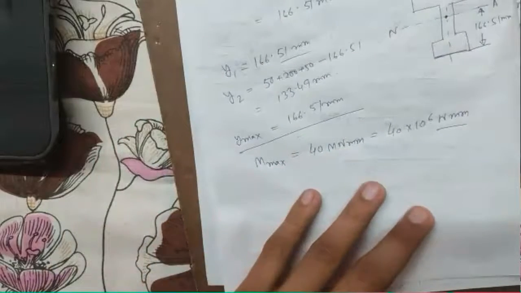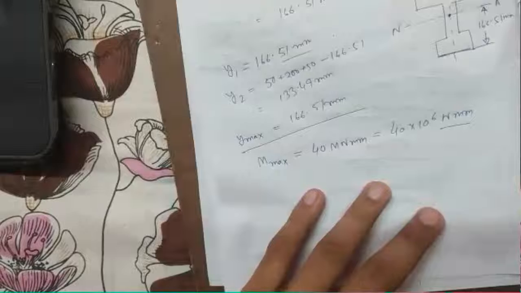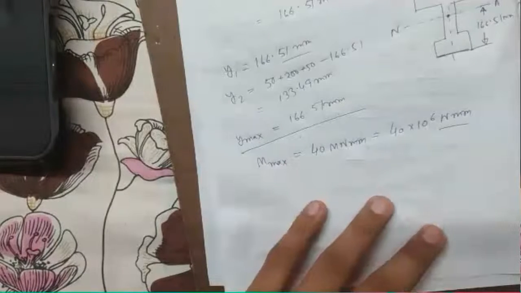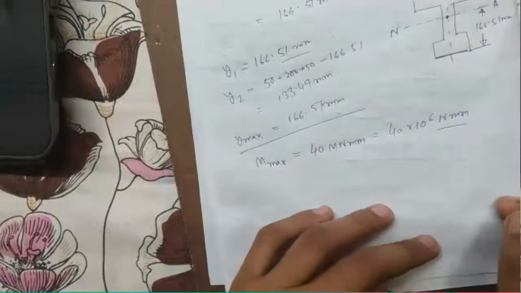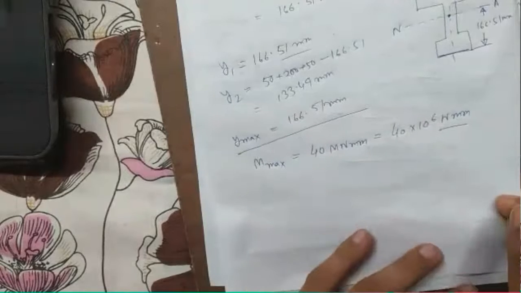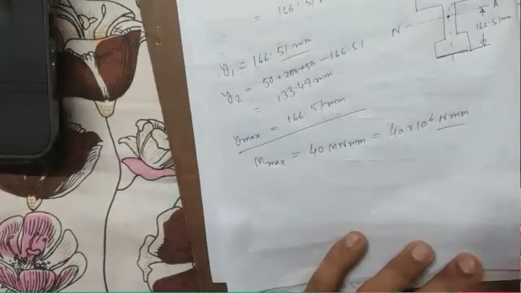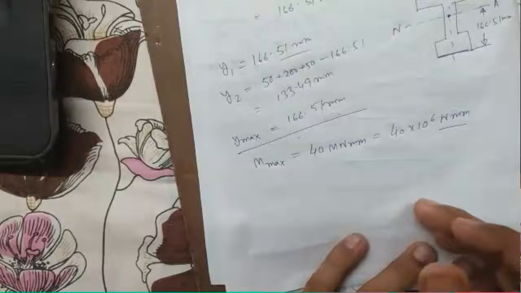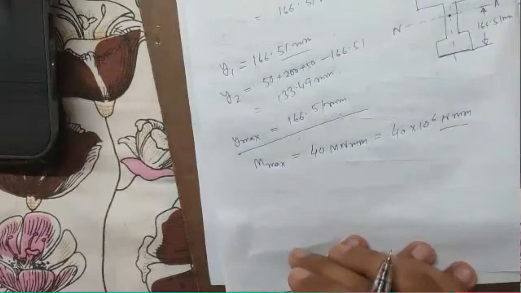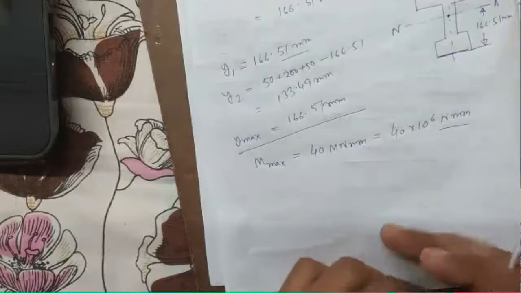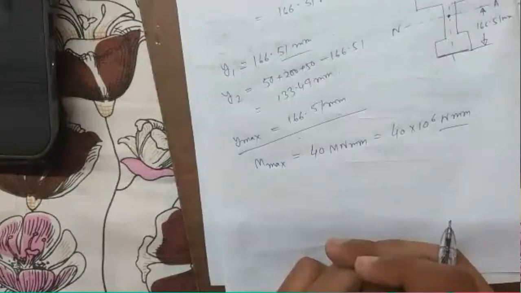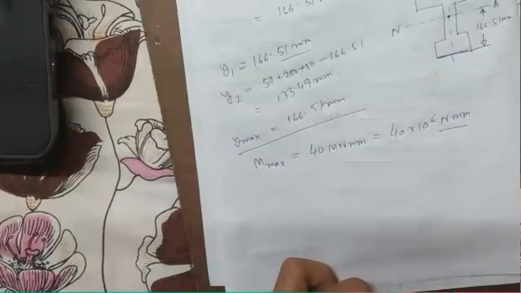So we know the formula M max equal to sigma into Y max. Sorry, I have said the formula wrongly, probably that was wrong. M equal to sigma into Z, section modulus.